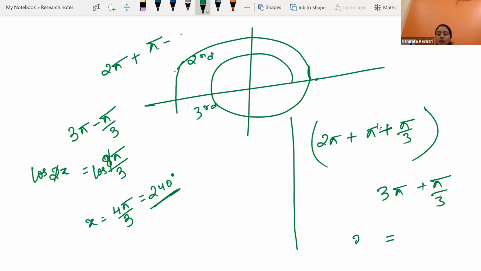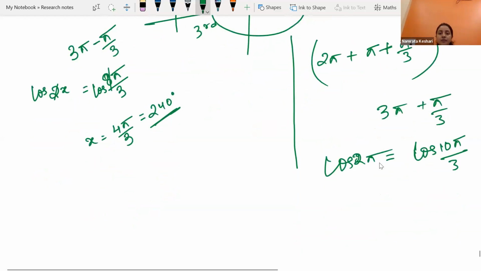Okay, now here we are having cos 2x, and here we'll be having cos 10 pi/3. Is it making sense to you, Fatima? Yes, ma'am. Okay, so 2x is equal to 10 pi/3. That means x is equal to 5 pi/3.